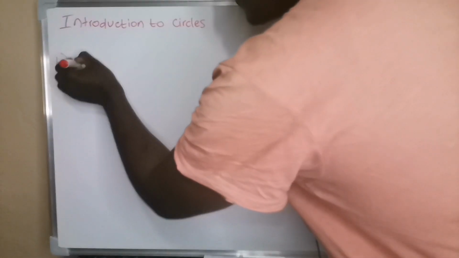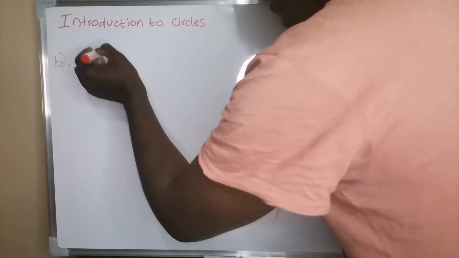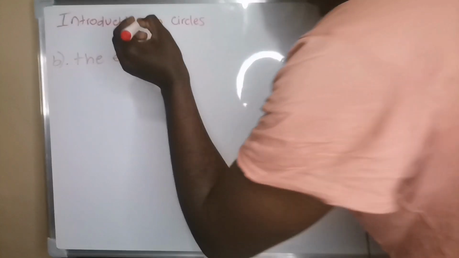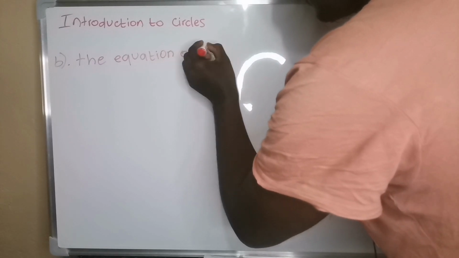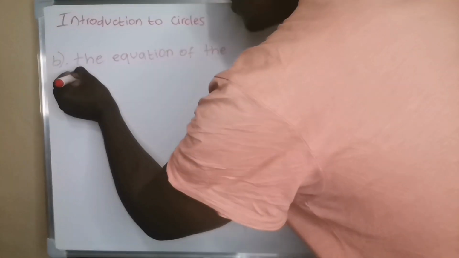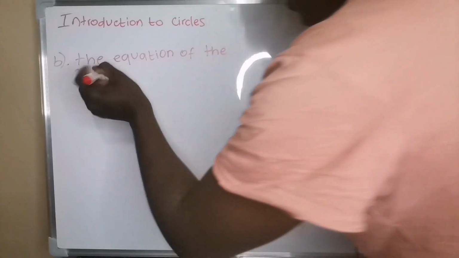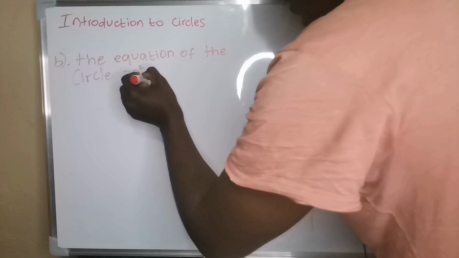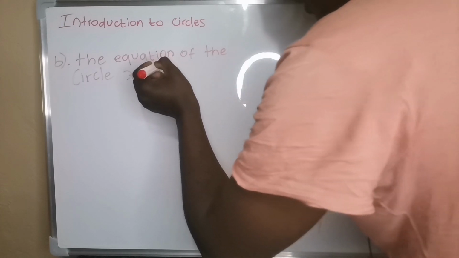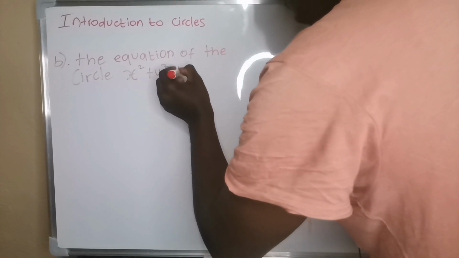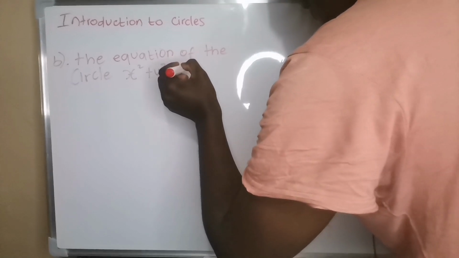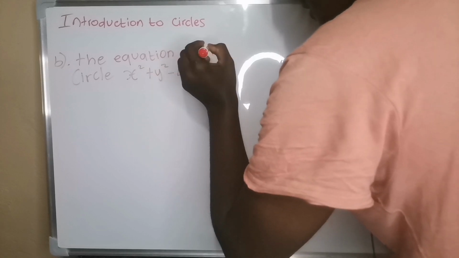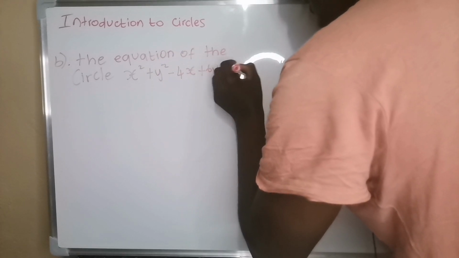The equation of the circle x squared plus y squared minus 4x plus 6y plus k equals 0.